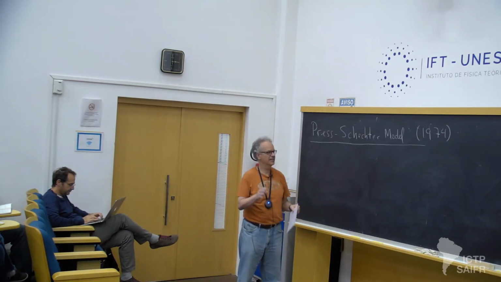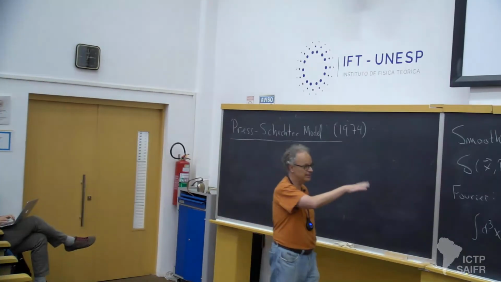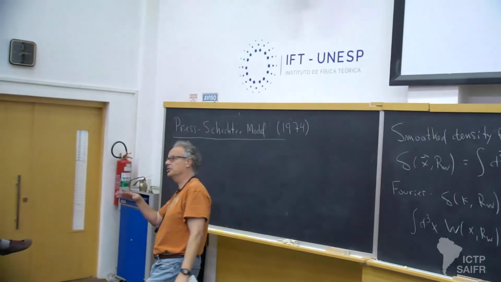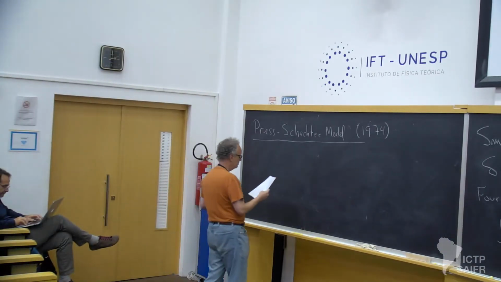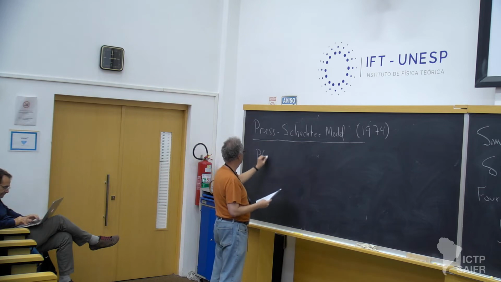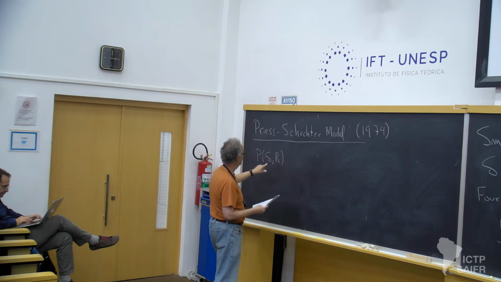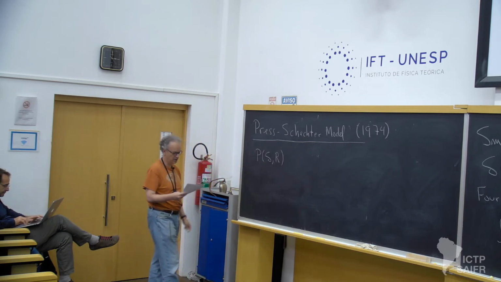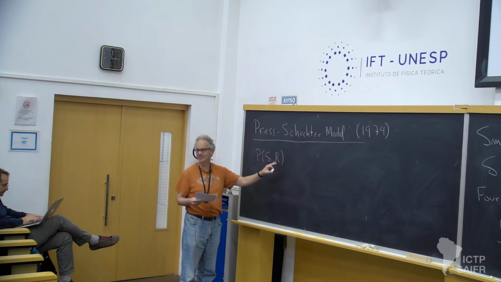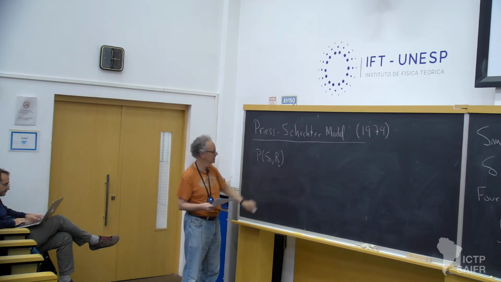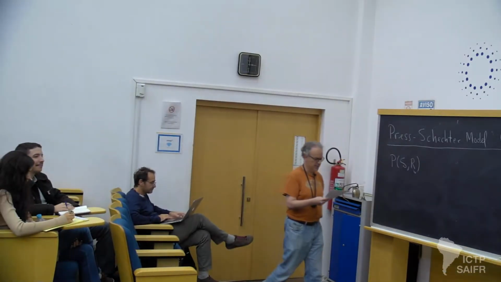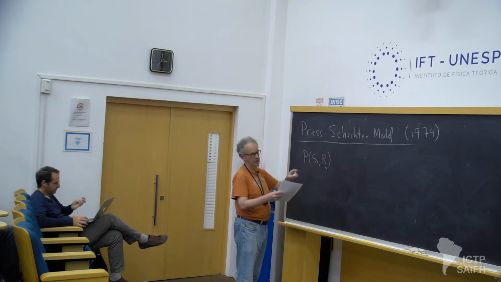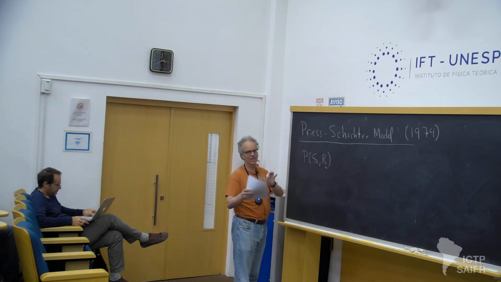I told you that you can interpret this density field as a random field. So we can write a probability distribution function for this random field. That is, the probability of having the field take the value delta at the smoothing scale R. Sorry, I dropped the R_W; maybe I should keep it. This is the probability of having fluctuations of delta within a range of delta and delta plus d-delta.